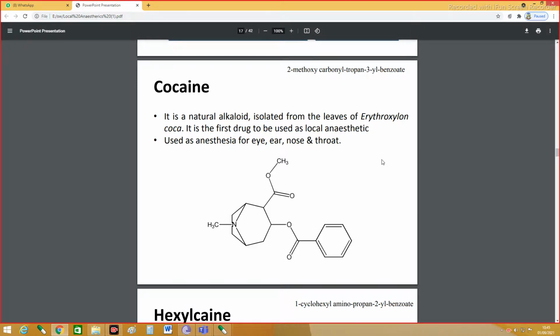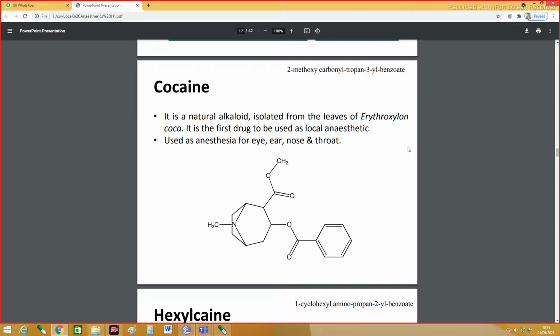It is the first drug to be used as a local anesthetic. It is used for anesthesia for eye, ear, nose, and throat. This is the only class having a number of drugs as compared to other different classes of drugs.